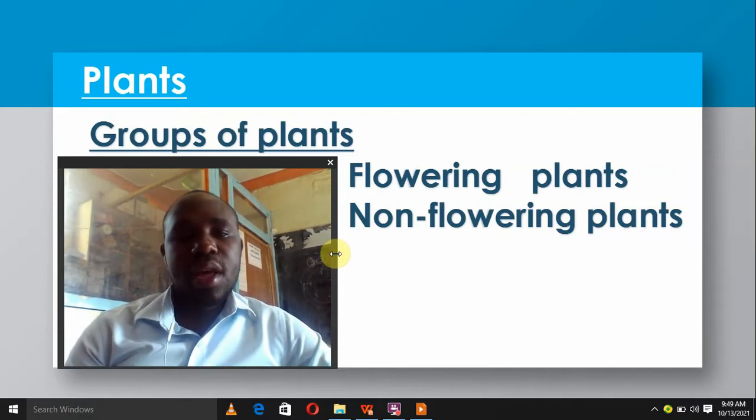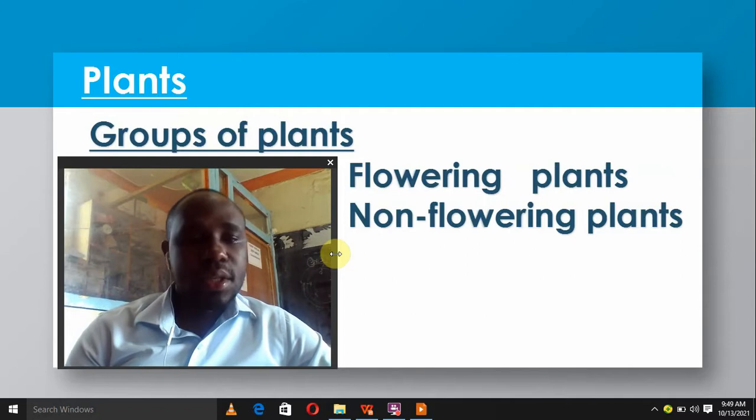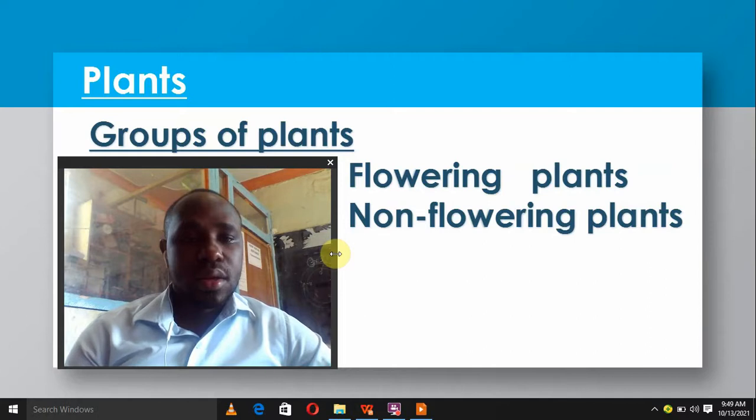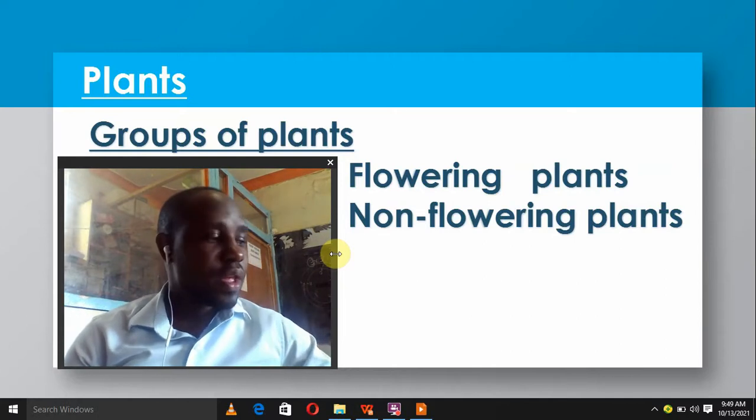When we talk about plants, we talk about a living thing with the following characteristics. One, plants are so special that plants make their own food, because these plants have chlorophyll, and that chlorophyll enables them to make their own food.